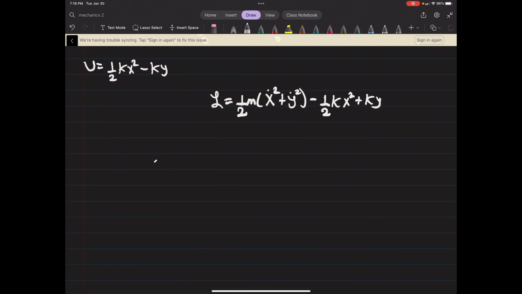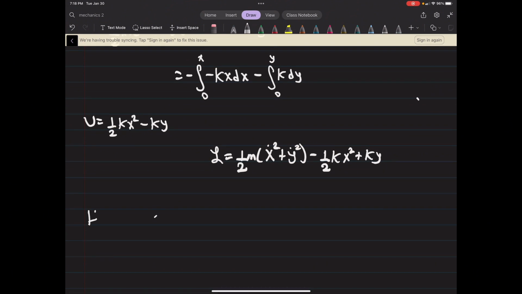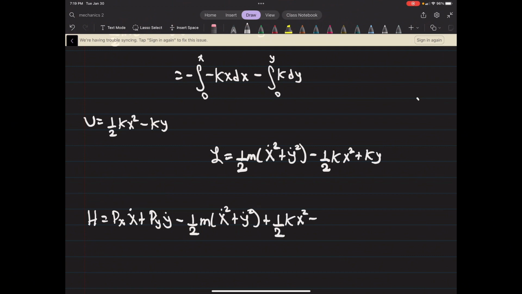Okay. So our Hamiltonian then so far is px x dot plus py y dot minus 1/2 m (x dot squared plus y dot squared) plus 1/2 kx squared minus ky. So now we have our Hamiltonian defined.